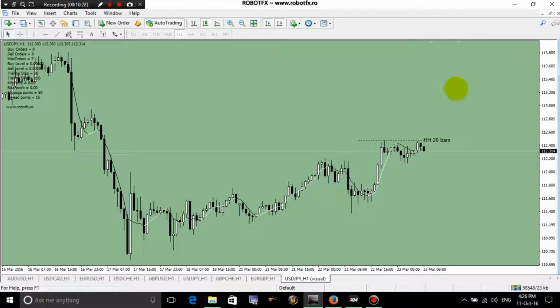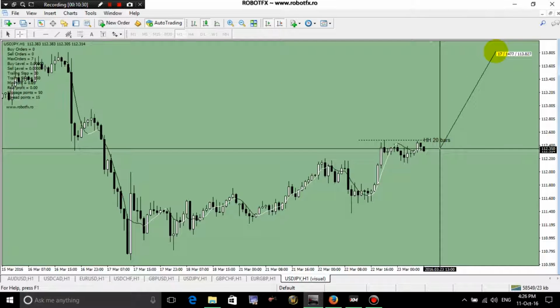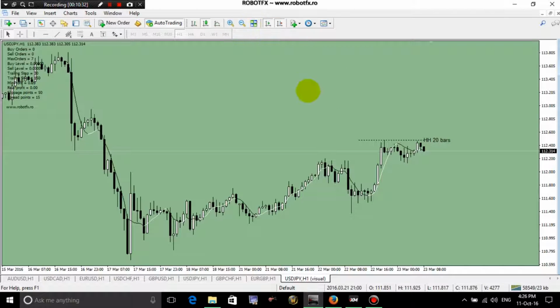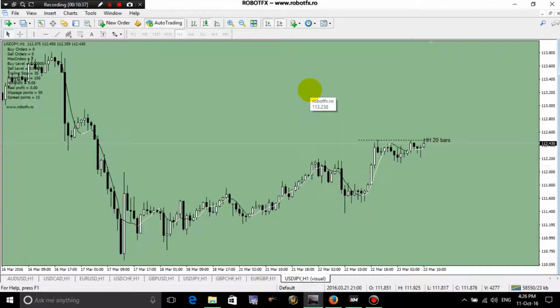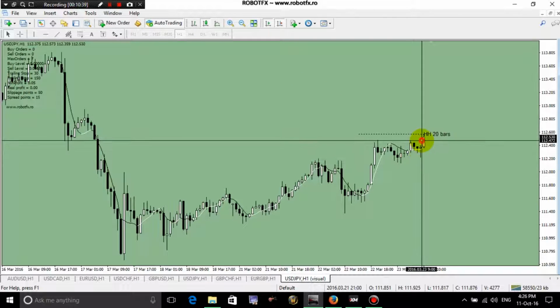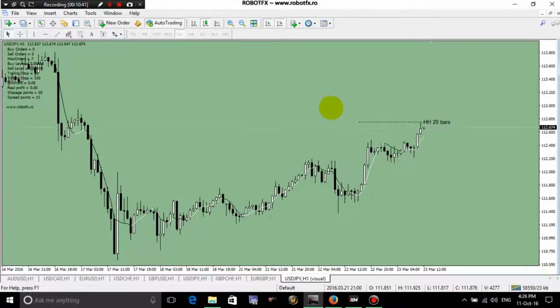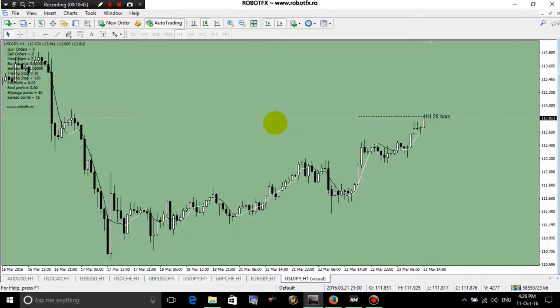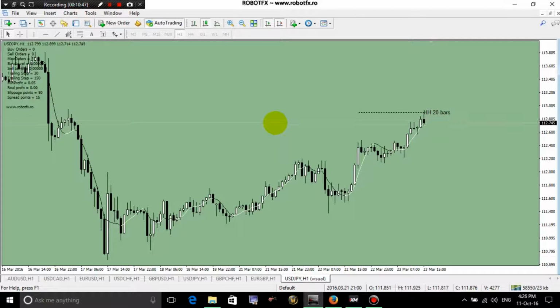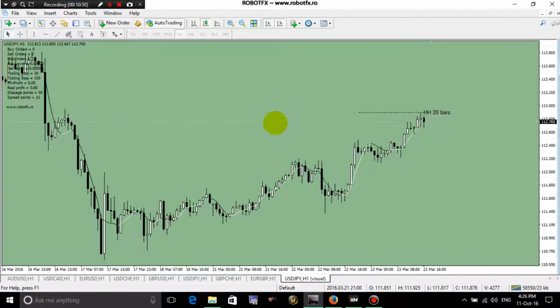The price can just jump high from here, and it would have been a winning trade. But most people won't enter a buy now. They will wait for a confirmation for the price to swing down, right? And you see what I've said, we never know what will happen with the price. That's Forex.